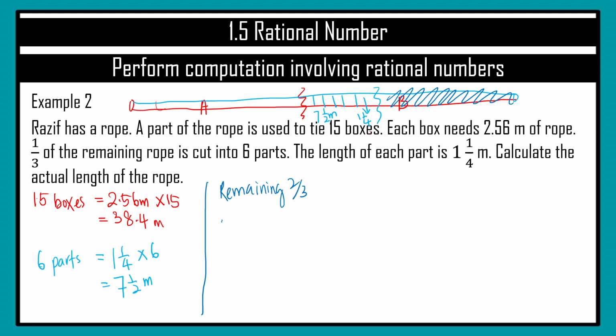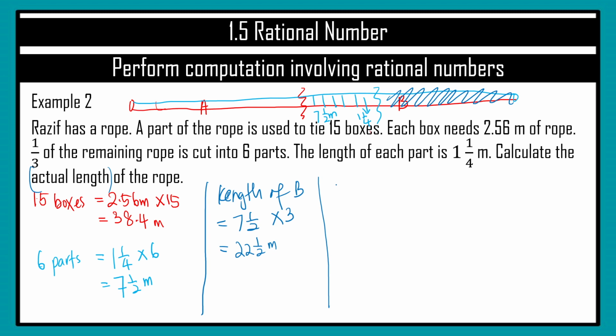Instead of calculating 2/3 of the remaining part B, I'm going to calculate the length of part B of the rope, which is 1.5 multiplied with 3, because there are 3 parts in part B. If you do it correctly, you should be able to get 22.5 meter.